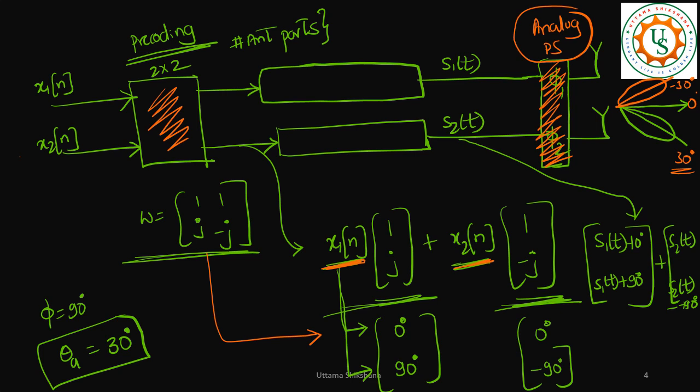Plus we are also going to perform some kind of analog beamforming here by giving the phase shift value in the analog domain. Since both are done, then we can say hybrid beamforming is also happening. Okay, so this is the one aspect which I wanted to explain, mainly considering the previous videos. I hope this is clear.